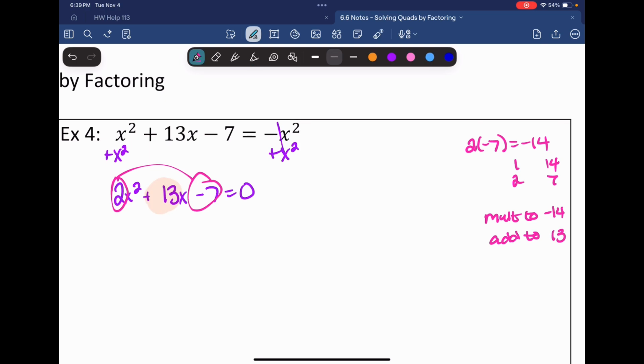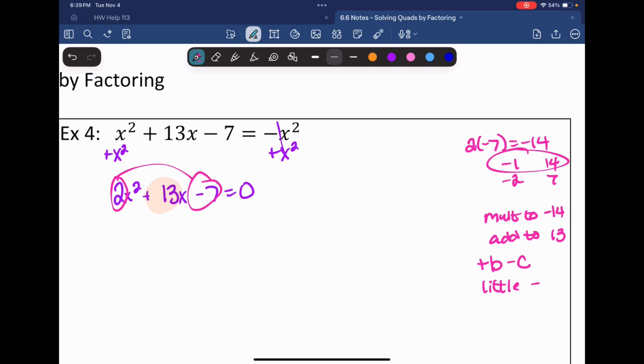So if I have a positive B, so it's a positive middle term, and a negative C, which is the constant, then I need the bigger factor to be positive. Now, which factor pair adds together to be positive 13? That's negative 1 and 14.